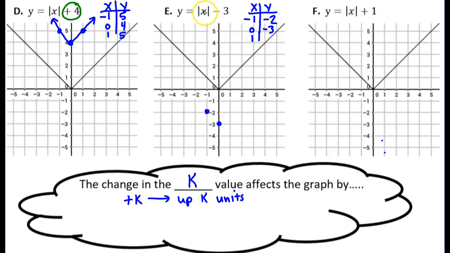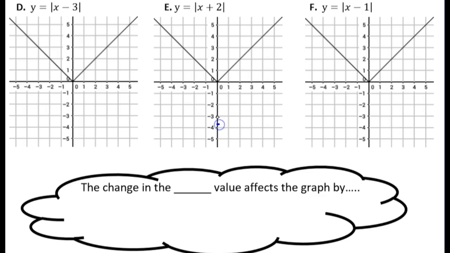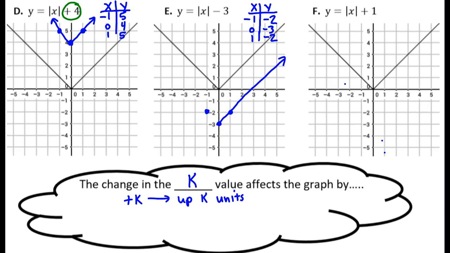When I put in 1, absolute value of 1 is 1. 1 minus 3 is -2. So our graph has that same V shape, just shifted down 3 units. So when k is negative, we are going to shift down k units. So if k is -5, we shift down 5 units.